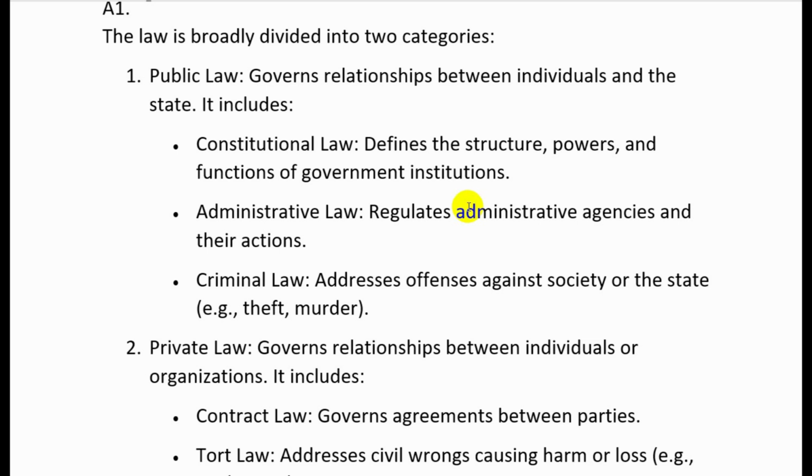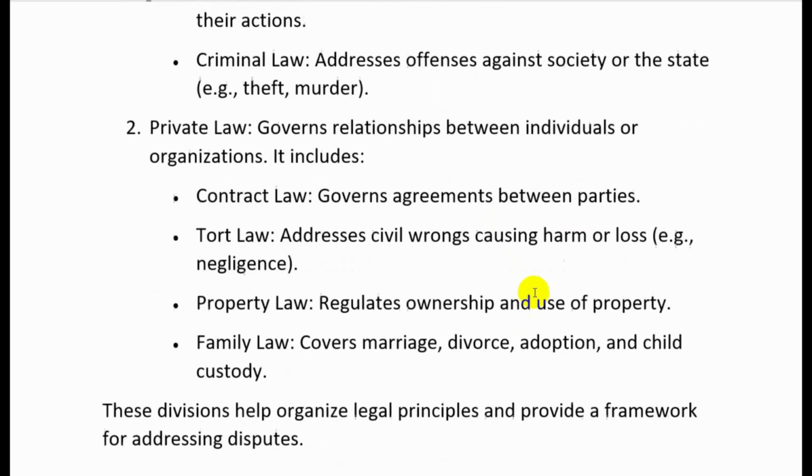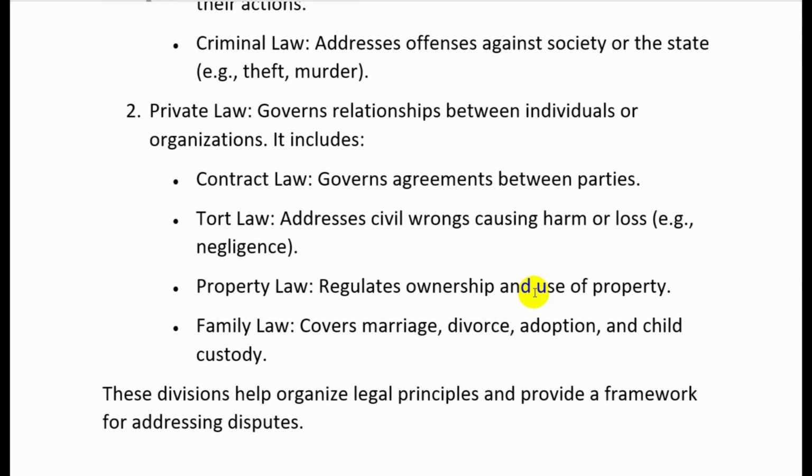Example, theft, murder. Let's look at private law. Private law governs relationships between individuals or organizations. It includes contract law, which governs agreements between parties, tort law, which addresses civil wrongs causing harm or loss, for example, negligence.